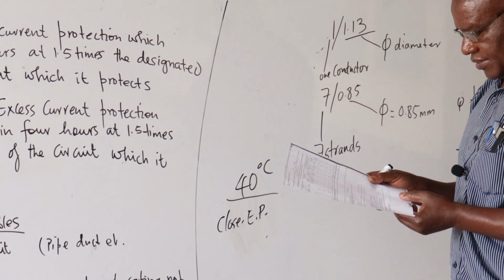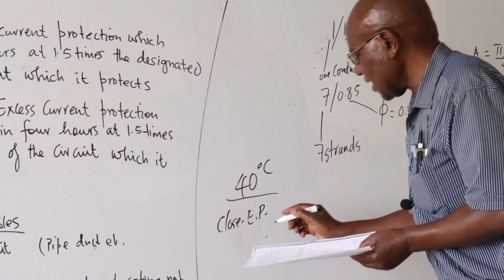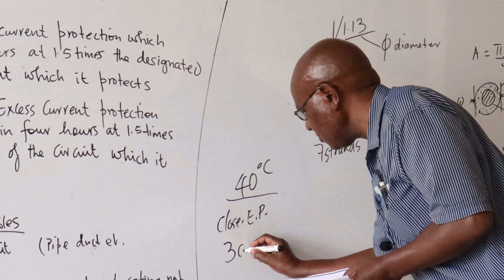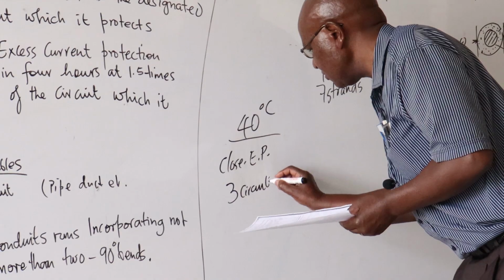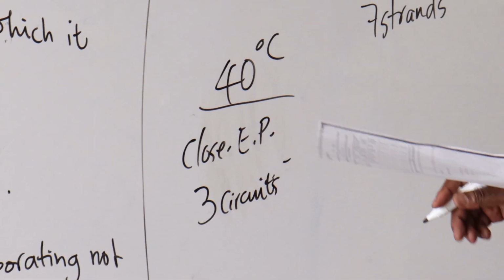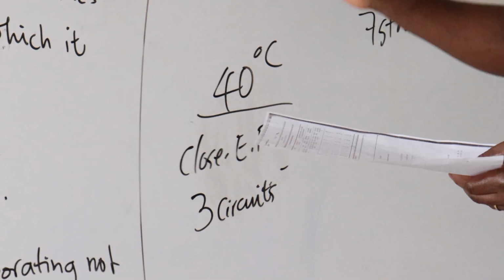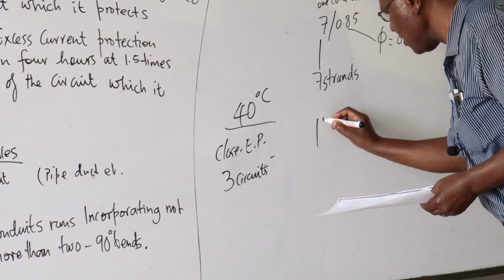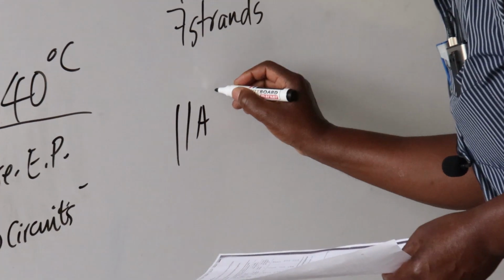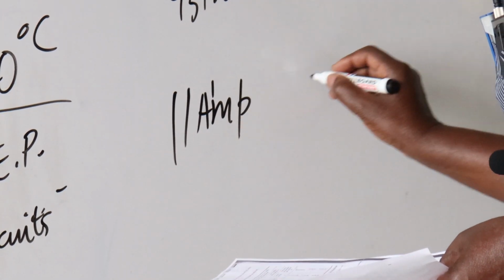And then there are 3 circuits, maybe in a conduit. Now you have to apply the derating factors to our cable. So if the cable you're using is the 11 ampere one, this is the 1 mm cable.